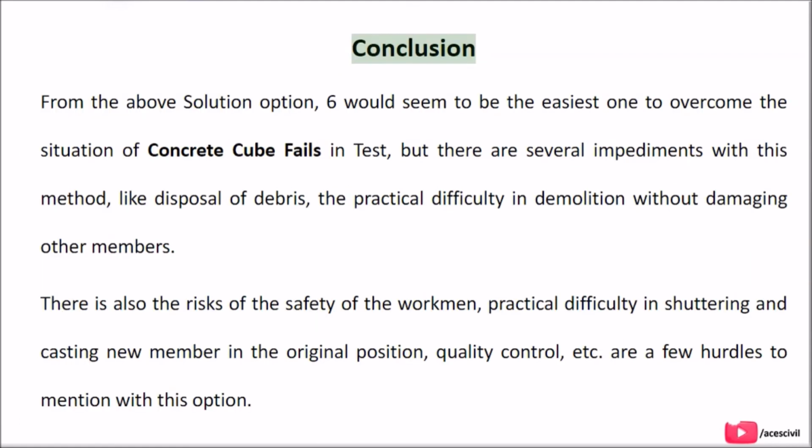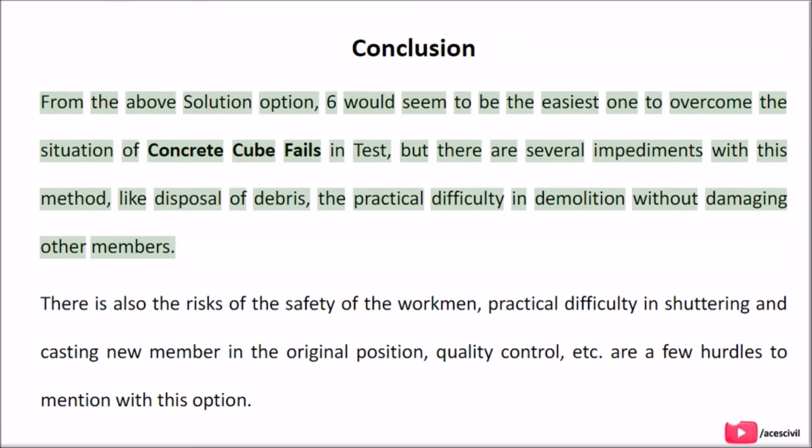Conclusion. From the above solution options, option 6 would seem to be the easiest one to overcome the situation of a concrete cube failing in test, but there are several impediments with this method, like disposal of debris and the practical difficulty in demolition without damaging other members.